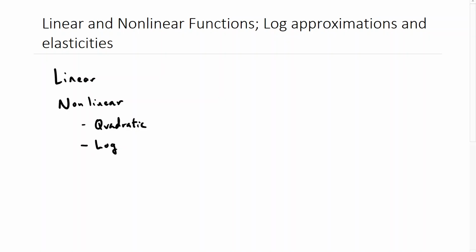And I may mention at the end exponential, but I won't get into the details there. But again, all of these details are in the Appendix A of the Introductory Econometrics textbook by Wooldridge.